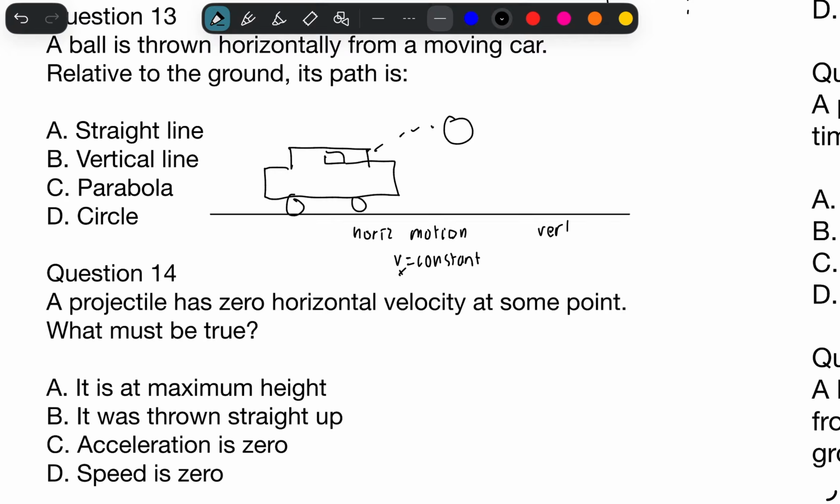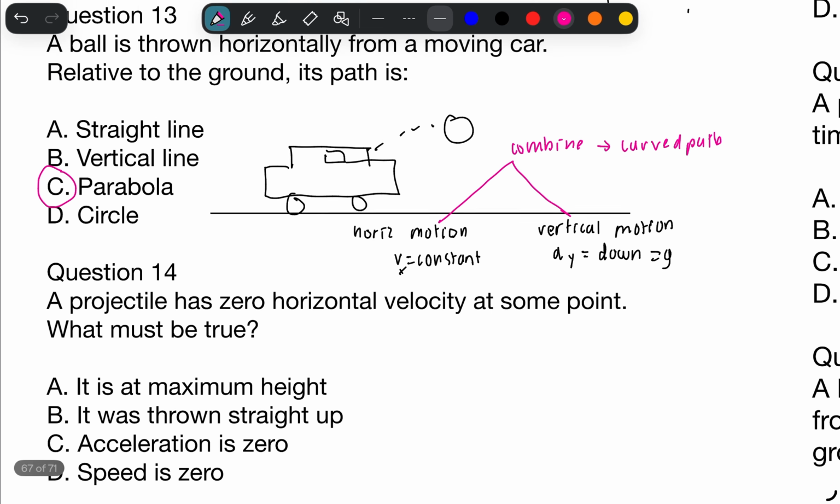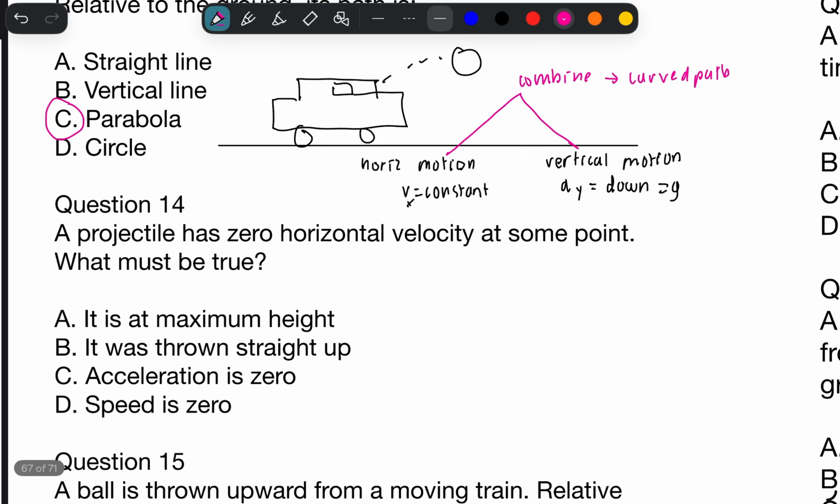And then in our vertical motion, you're going to have an acceleration that is going to be downward equal to g. Now, if you combine them, then you're going to have a curved path. That's going to be a parabola because our independent motions will combine to be that shape.